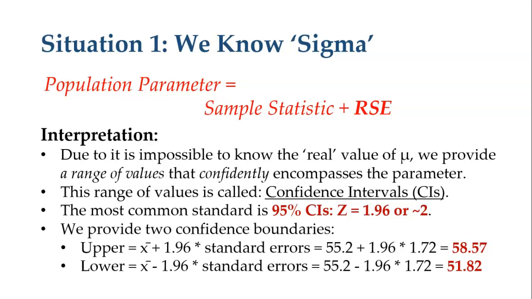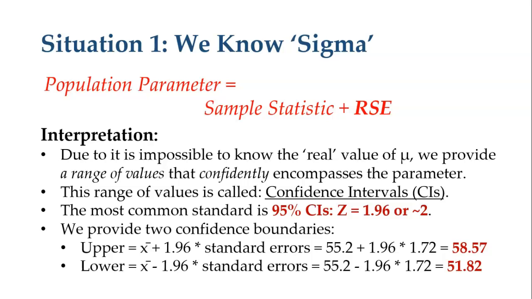So we provide, as I said, the upper confidence boundary and the lower confidence boundary. And how do we do it? We use this formula. We have the mean of the sample, and we add 1.96, which is the value where 95% of the observations in a normal distribution are within more or less 1.96 standard errors.